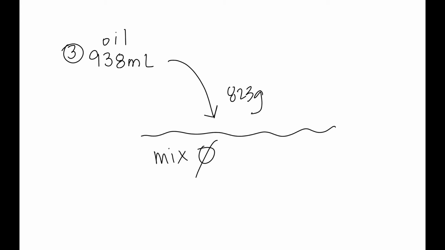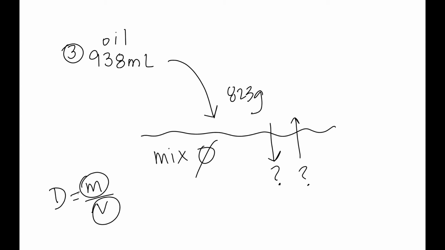Will the oil sink or float? So will it go down, or will it stay on top? This is a problem of density. So I'm going to write our density expression, which is D equals M over V. This is mass per unit of volume. If you remember, the lower D will go to the top of the lake.